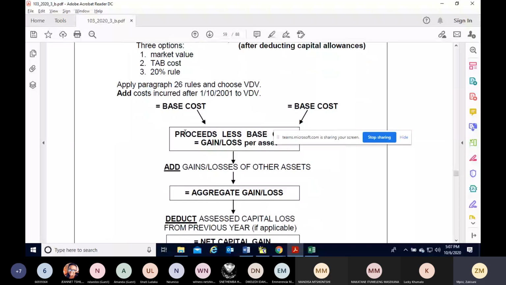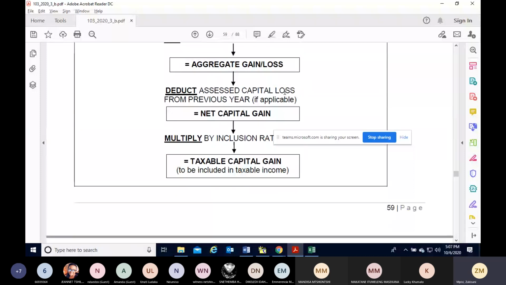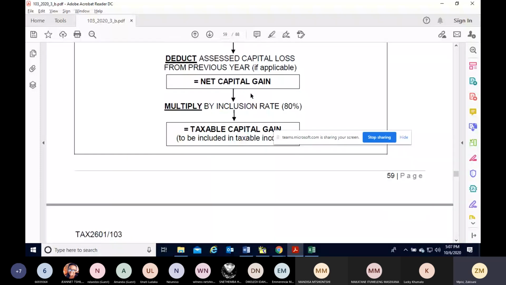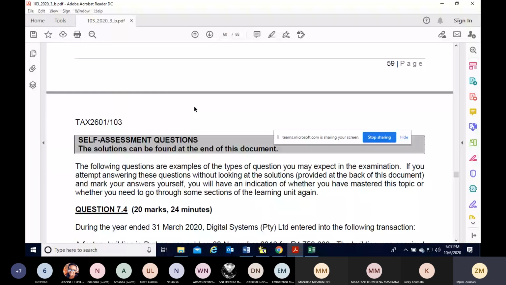Then you aggregate capital gains or losses. The capital loss from the previous year is deducted to get to net capital gain, and then you multiply by the inclusion rate to get a taxable capital gain to be included in taxable income.